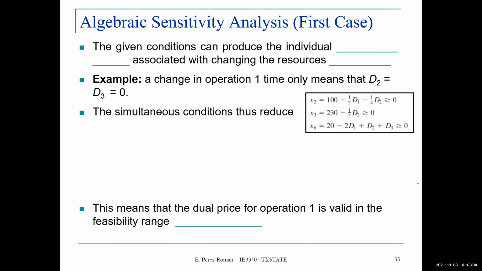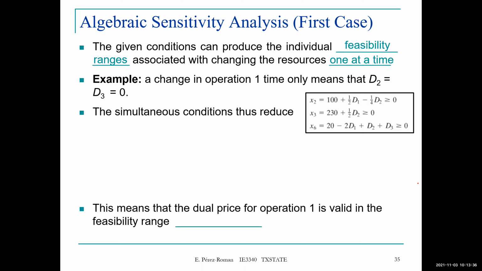So let's go to the next one. The given conditions can produce the individual feasibility ranges associated with changing the resources one at a time. So a change in operation one only means that D2 and D3 will be equal to 0. If we only look at operation one, we set D2 and D3 equal to 0, and then we see what the feasibility range is just for D1.